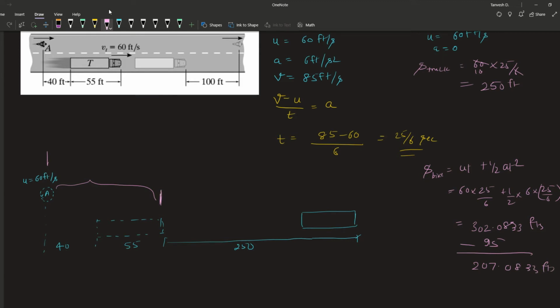So from this position, it has travelled 207, which means that it is somewhere here. This is the new position of the bike, which is 207.0833 feet from the previous position of the truck, and this total is 302.0833.